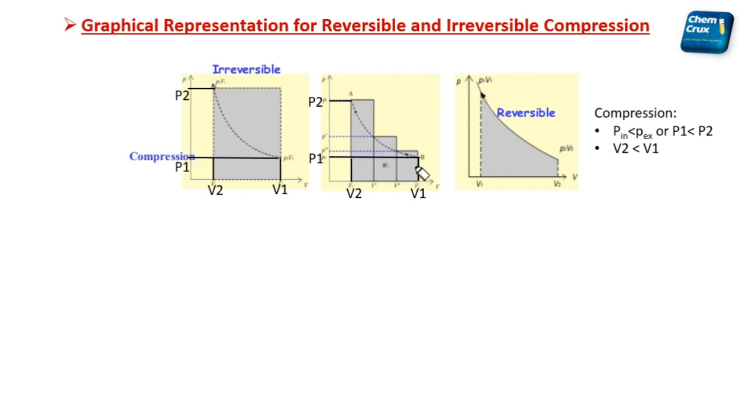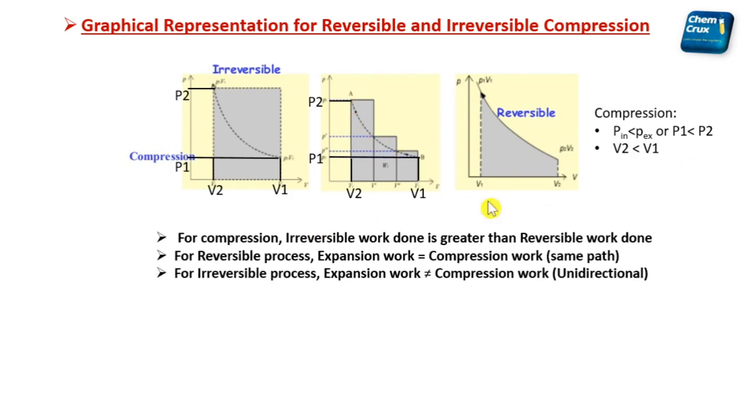Now we know reversible processes are carried out in several infinitely small steps. So if we divide the entire plot into several infinitely small steps, we will get small blocks throughout the plot and the whole area under the curve will be the net work done obtained for reversible compression, right?